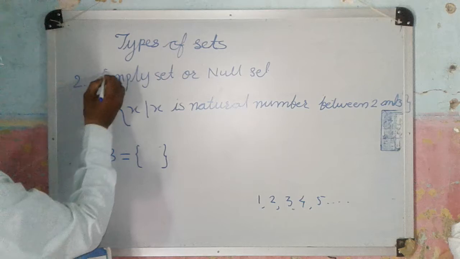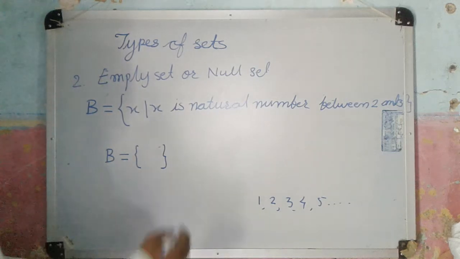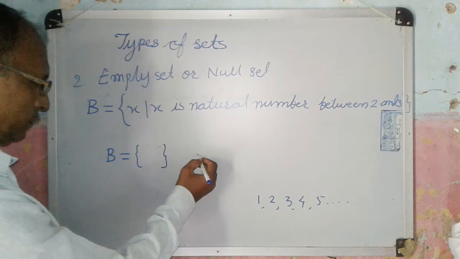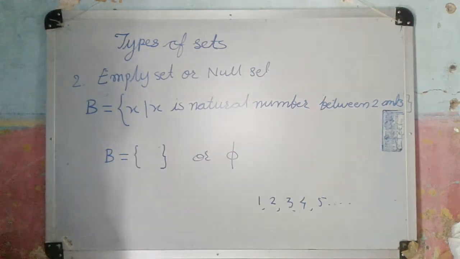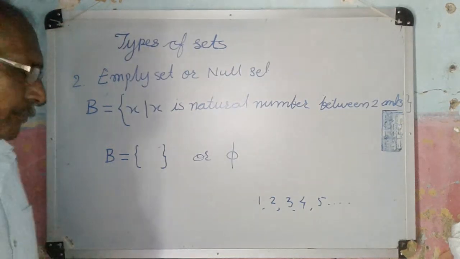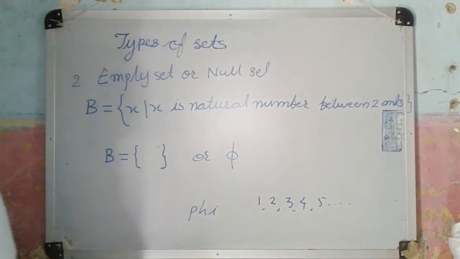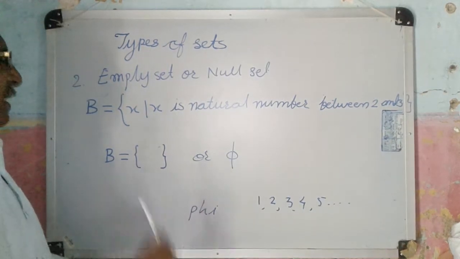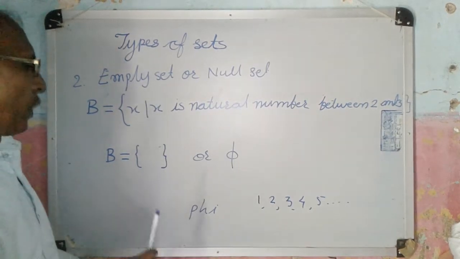This is the second type of set, the empty set. And that empty set is represented by this symbol or by this symbol. This symbol is known as phi. This symbol is used to represent the empty set, or you can write the empty set using this symbol also.